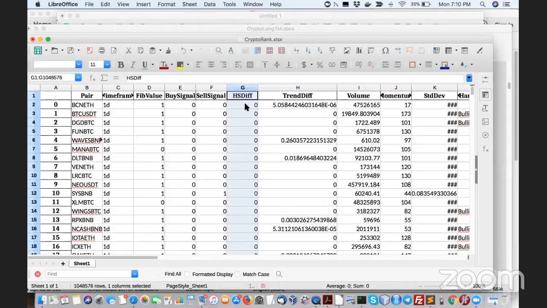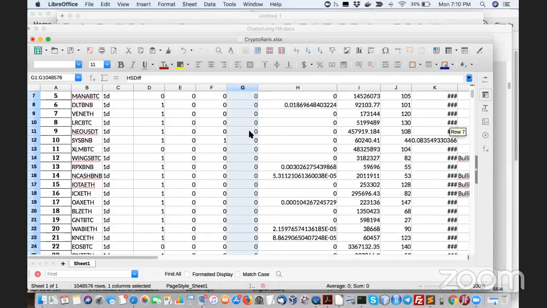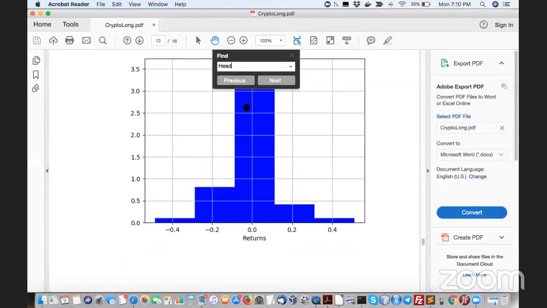So this HS difference is the measurement between the green dot, which is the expected move of the price before it starts to maybe potentially go back down. That's the expected price move, and that is calculated.